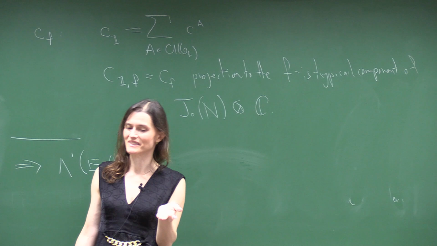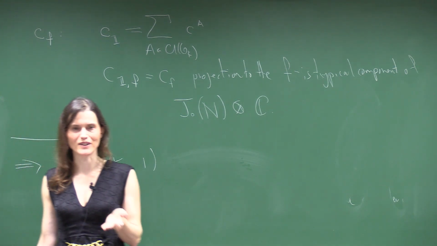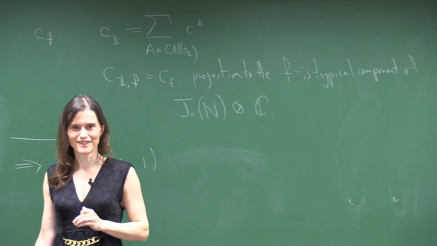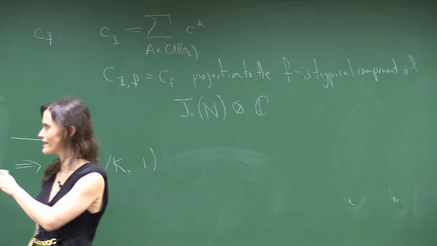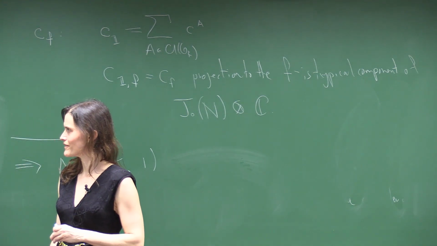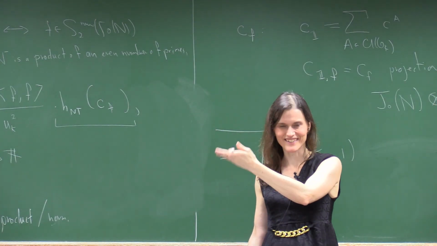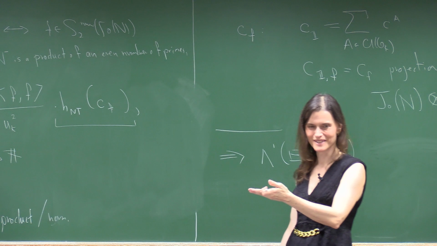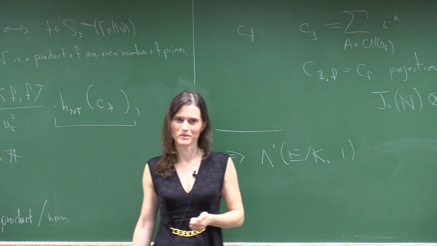You look at the curve E over Q times its quadratic twist by K, and one of those factors will vanish at the central point. So you can deduce that for one of the factors, the corresponding Taylor series expansion around s equals 1 will have the predicted form, and for the other one, there will also be the predicted form, but it's delicate. You have to do a little bit more work.